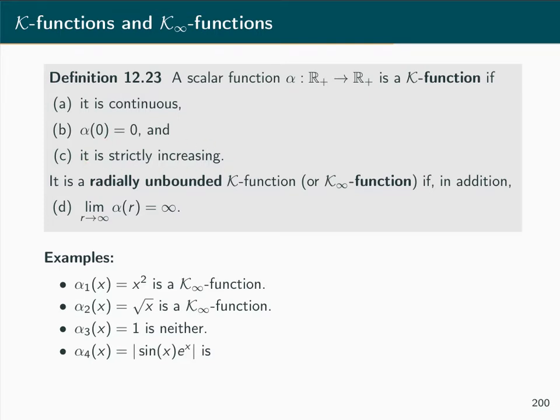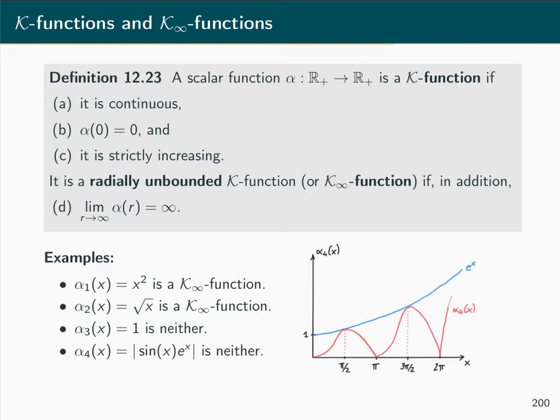The function alpha 4 of x, which is defined as the absolute value of the sine of x times e to the x, satisfies the fact that it maps any positive real number to another positive real number. However, if we sketch this function, we realize that it does satisfy condition A of being continuous and condition B of being 0 for x equal to 0.